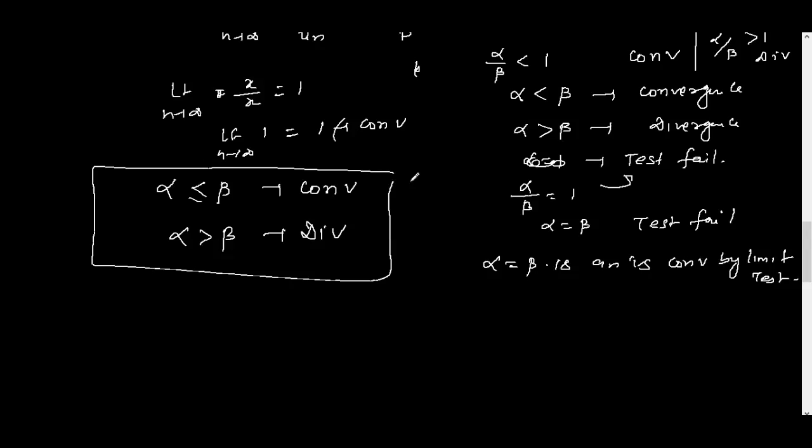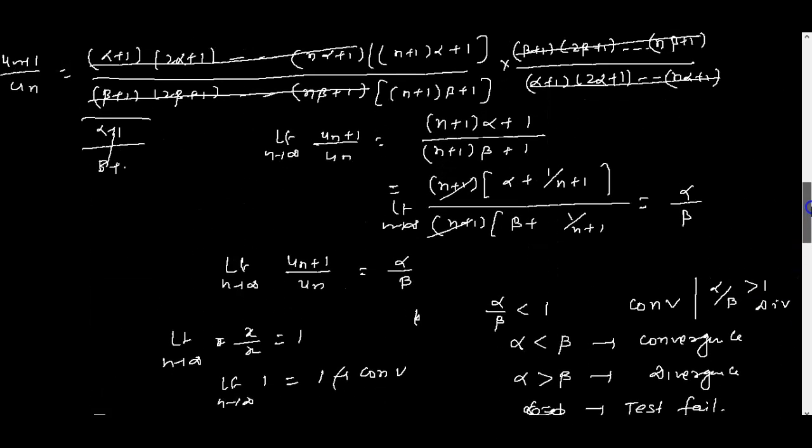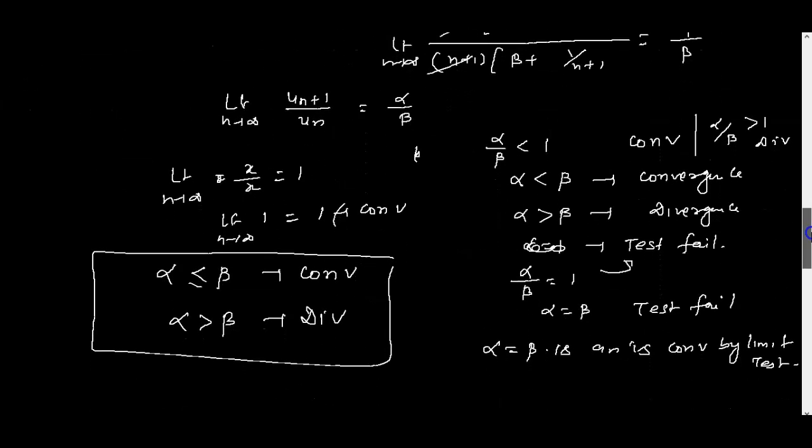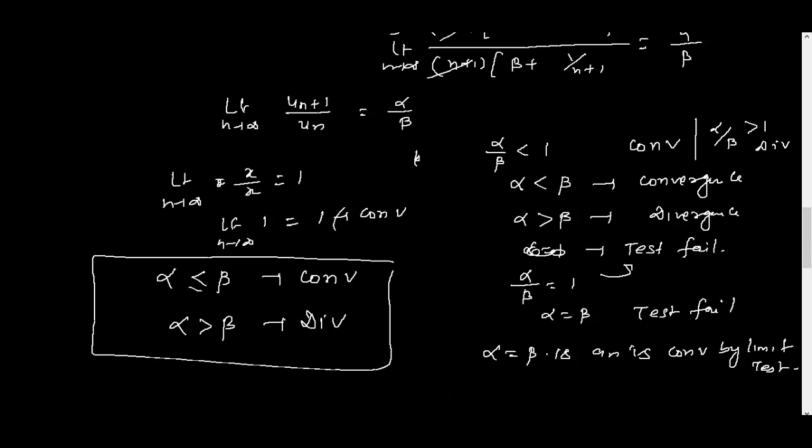Any doubt in this? This equal to symbol has come in the convergence because we have done the limit here and we got a constant value, that 1. So we did the D'Alembert test, right? Then we wrote a limit test in the end. No, I'm not getting it.